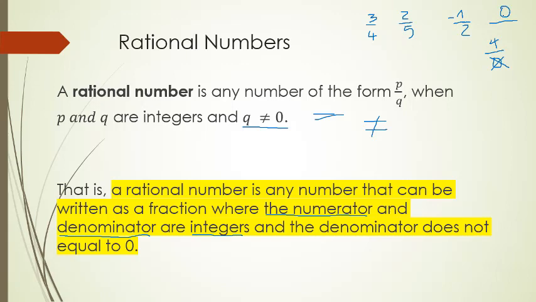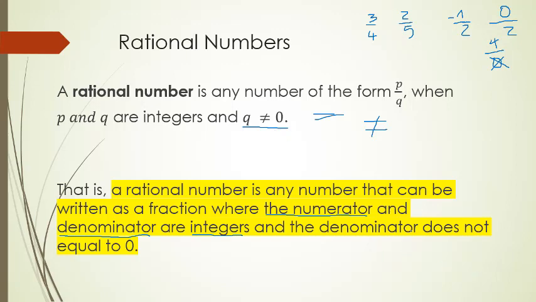If I have 0 over 2, that means 0 half. Yes, this is a rational number. Why? Because it is written under the form of a fraction and the denominator does not equal 0, but the numerator equals 0. This is a rational number, okay? Only the denominator can't be equal to 0.